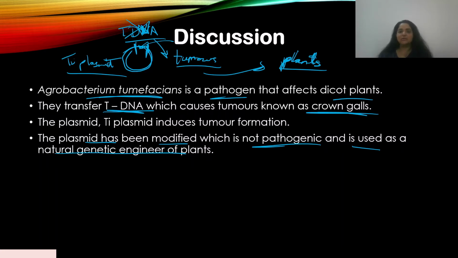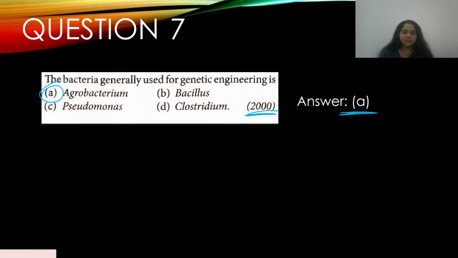We don't want that, so instead we put our gene of interest in it and allow it to grow. So the bacteria generally used for genetic engineering is Agrobacterium.